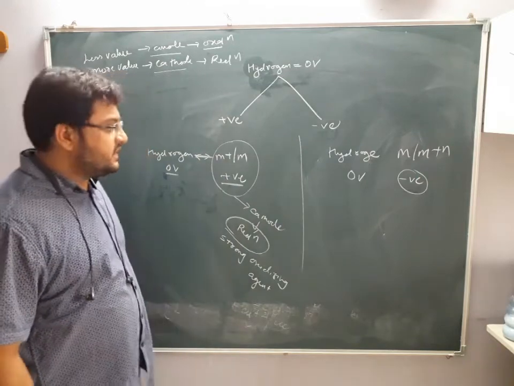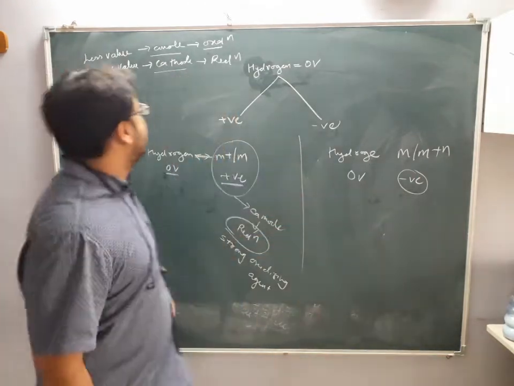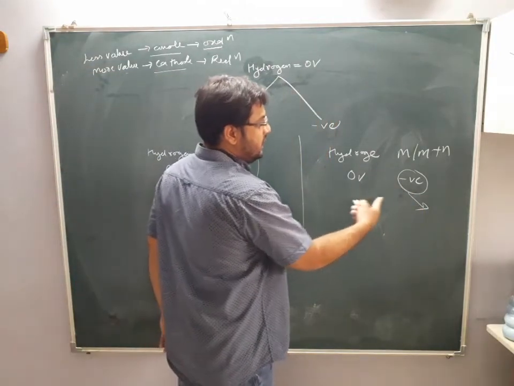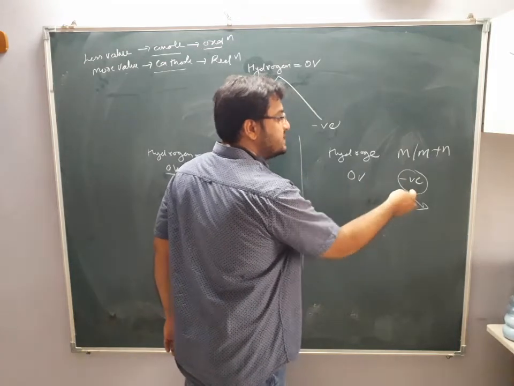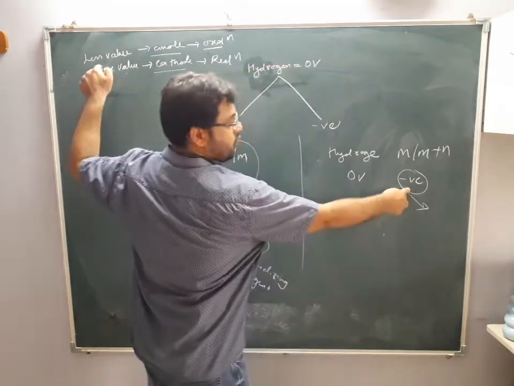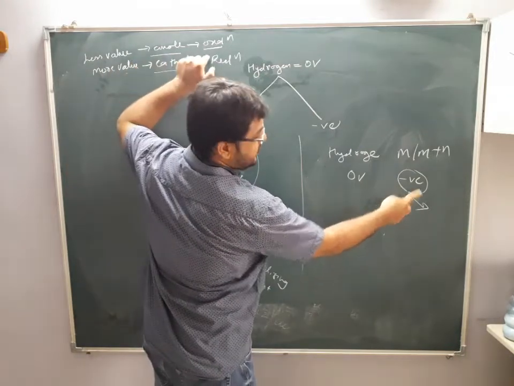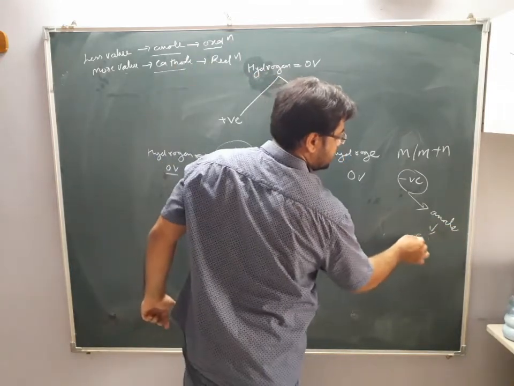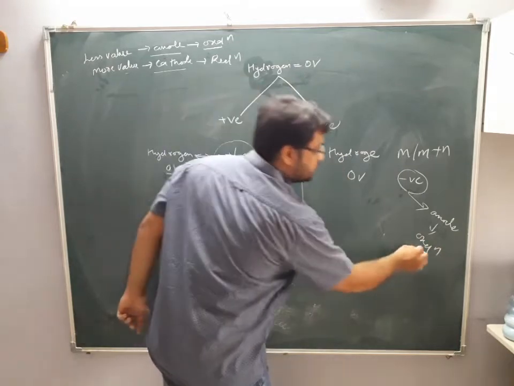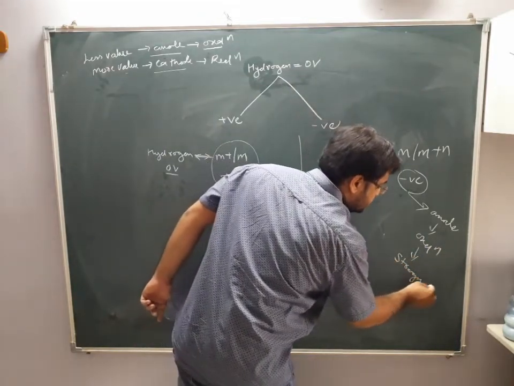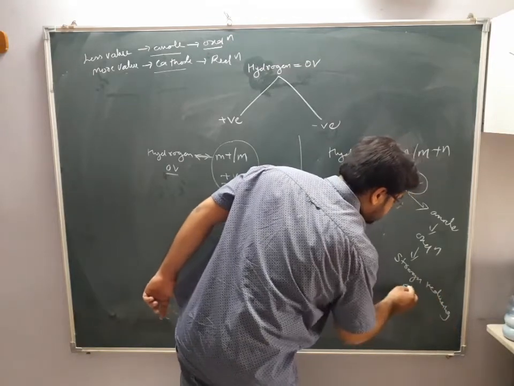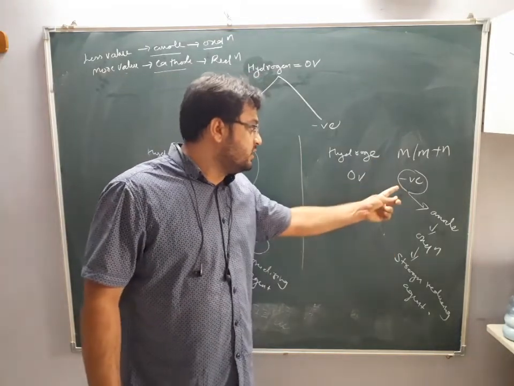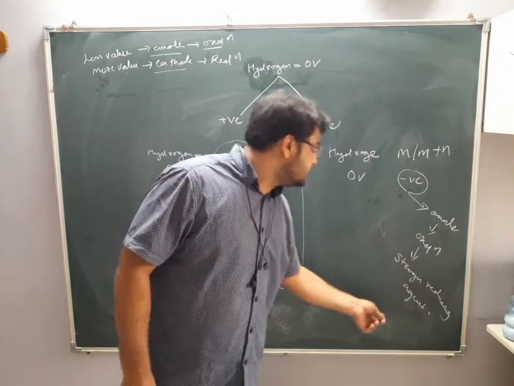Oxidation means strong reducing agent. So a negative value in the series indicates they are strong reducing agents than hydrogen.